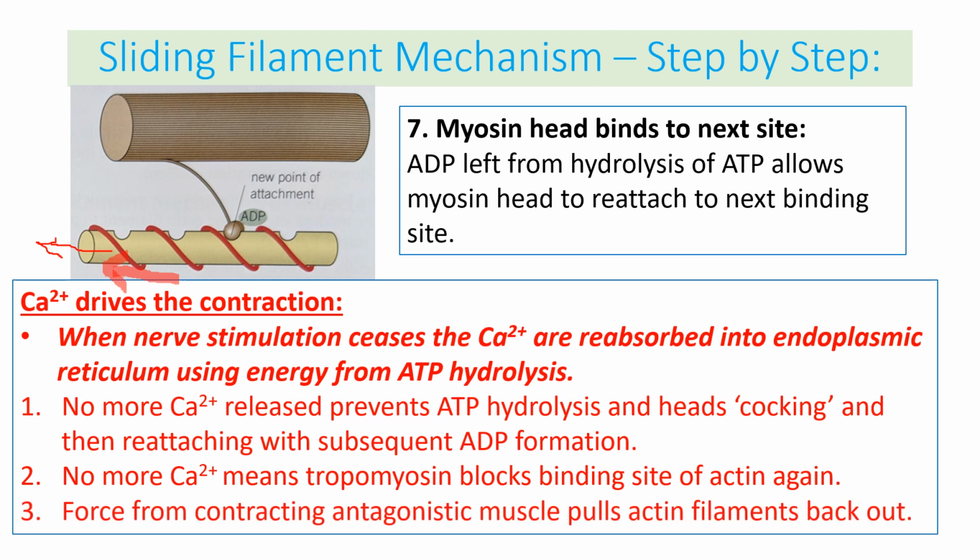And when the opposite muscle contracts, because remember they work in antagonistic pairs, the force from that will pull the actin filament back out. Okay, so that's the detail you need to be aware of.